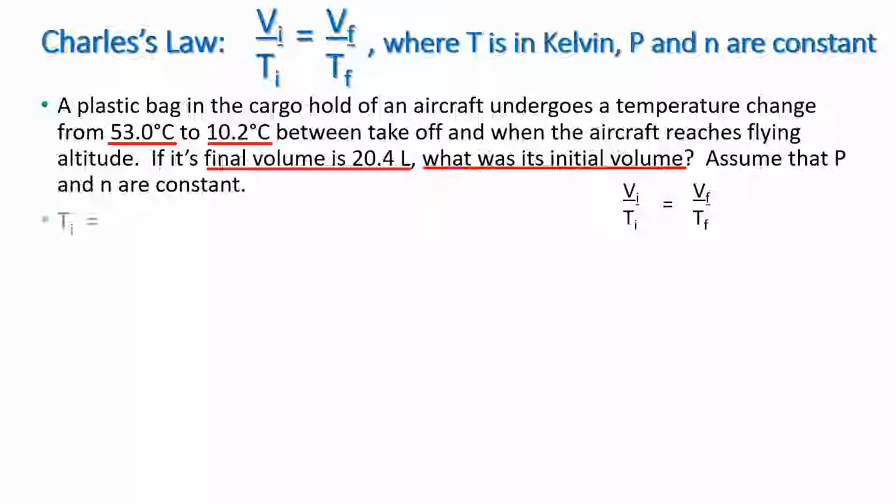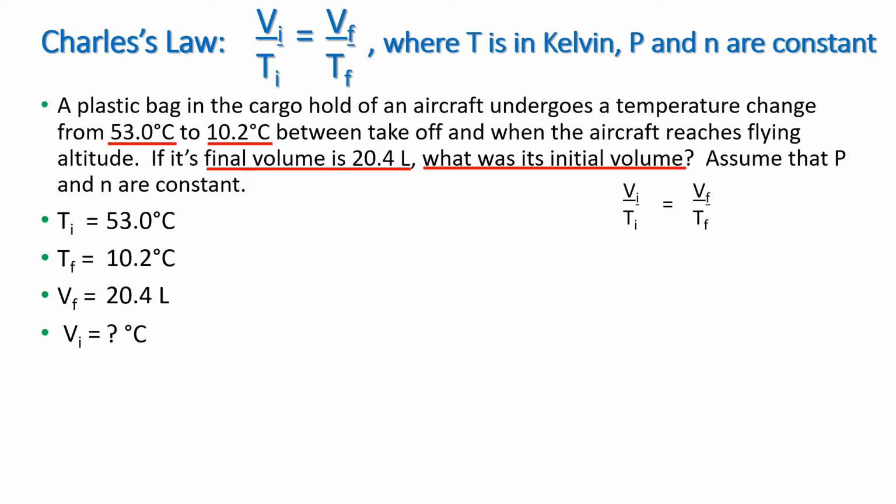So let's begin identifying our variables. Our initial temperature is 53 degrees Celsius, and our final temperature is 10.2 degrees Celsius. Our final volume is 20.4 liters, and we have an unknown coming in as that initial volume.